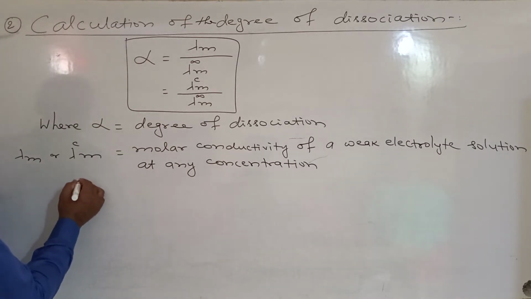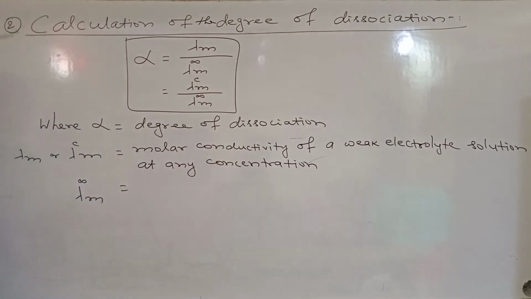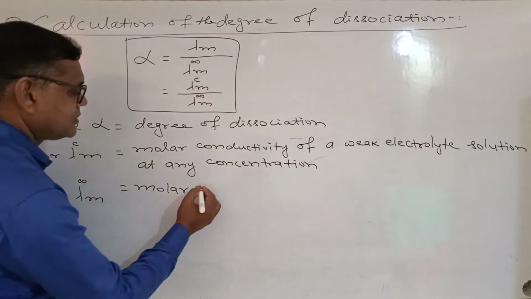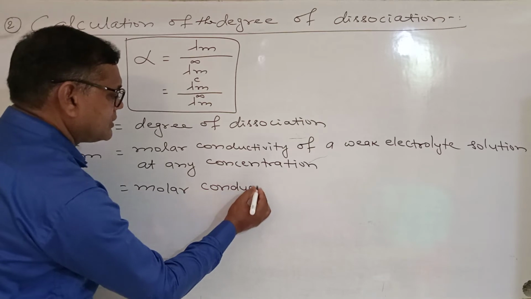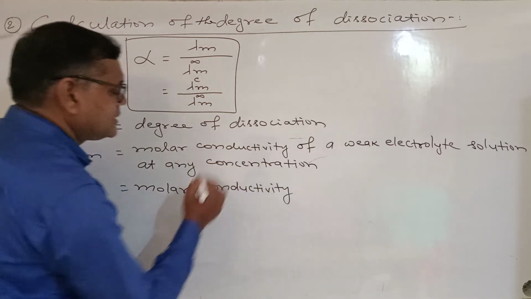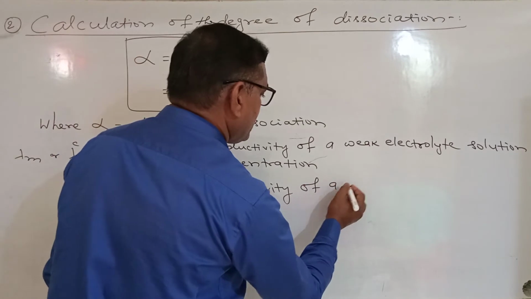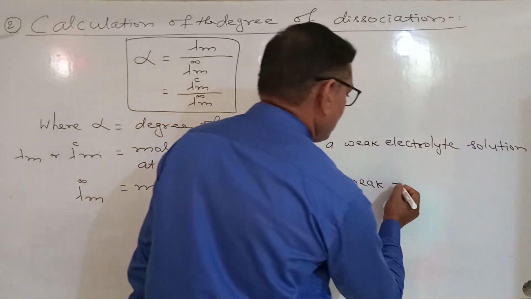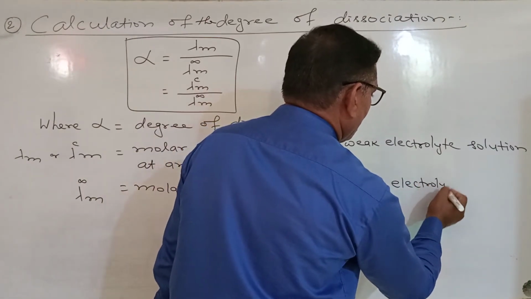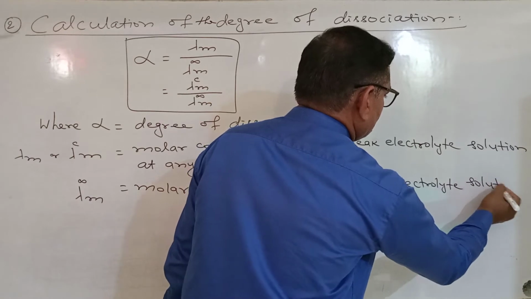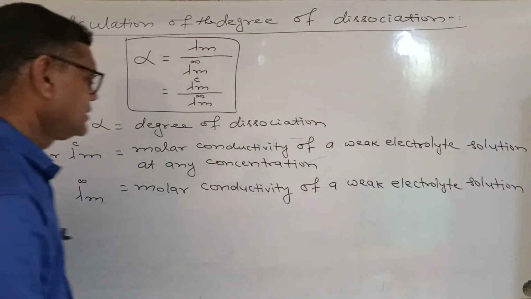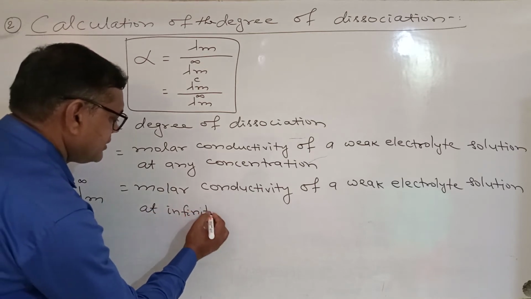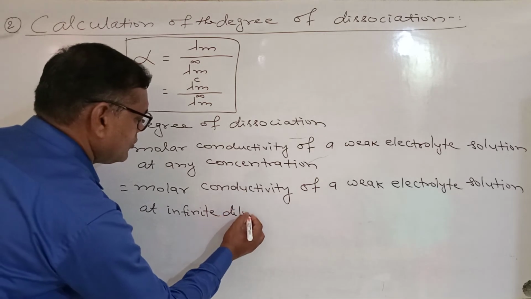We write lambda infinity m. This indicates the molar conductivity of a weak electrolyte solution at infinite dilution.